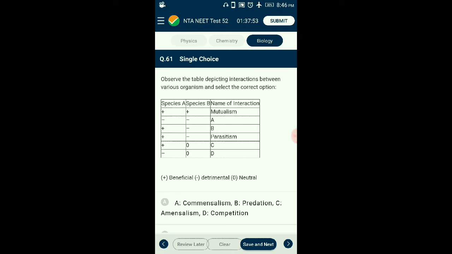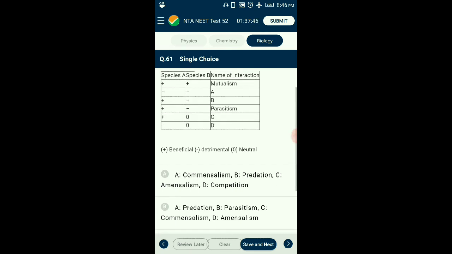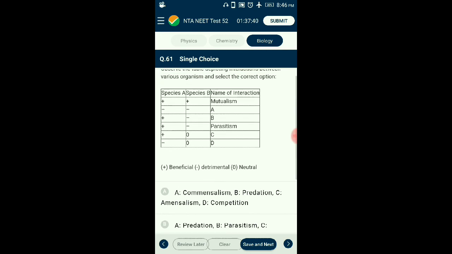Question number 61. Observe the table depicting interaction between various organisms and select the correct option. Beneficial, detrimental and neutral are given in the tabular column. Mutualism refers to those species interactions where both the species benefit from the association and are dependent on each other for survival, whereas in competition both the species get affected equally. In predation and parasitism, only one species, that is the predator or parasite, is benefited, but in predation the predator kills the prey, whereas in parasitism the parasite harms but does not kill its host.